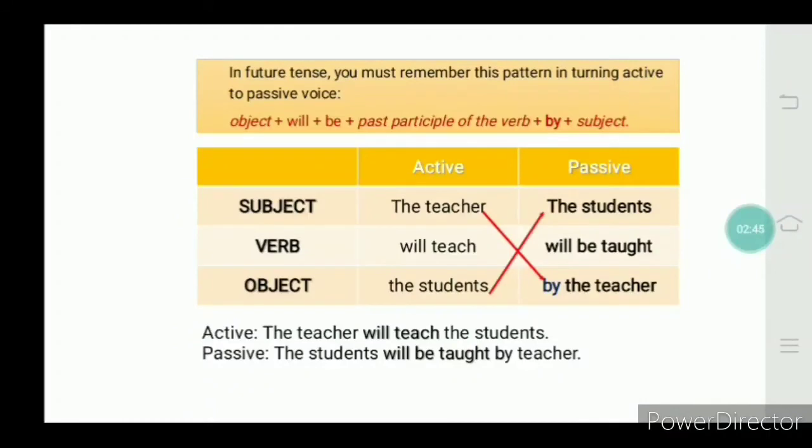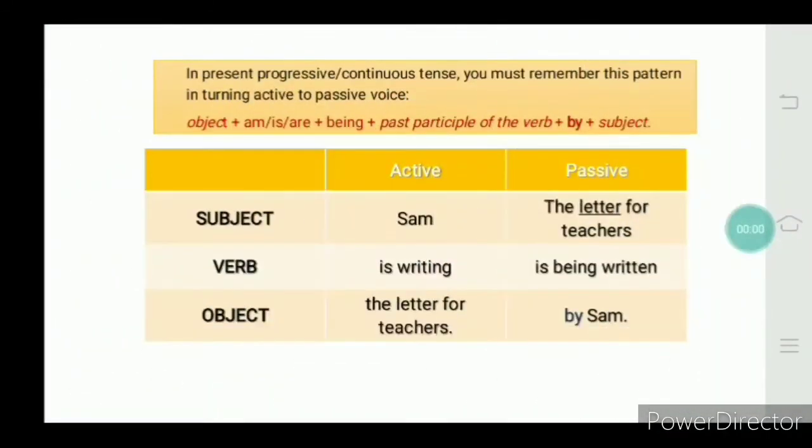There. Next. In present progressive or continuous tense, you must remember this pattern in turning active to passive voice. First, the object plus am, is, or are, plus being, plus past participle of the verb, plus by, plus the subject. So for active, we have Sam is writing the letter for teachers.